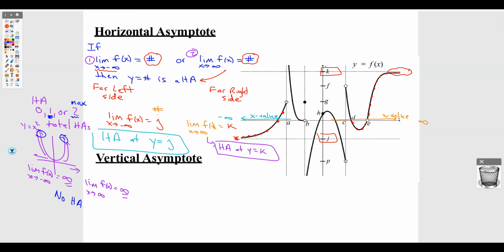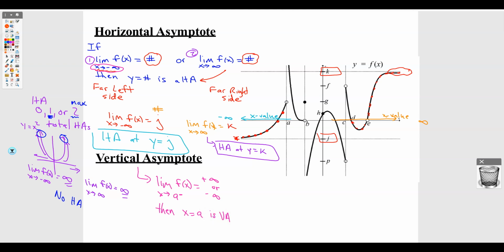Now, the way to think about a vertical asymptote is kind of the reverse. Instead of checking the limit at one of the infinities, we're going to take a limit as x approaches a specific value. So we do the limit on the left of a, and if the answer becomes positive infinity or negative infinity, then, because a vertical line is x equals a number, x equals a is a vertical asymptote.